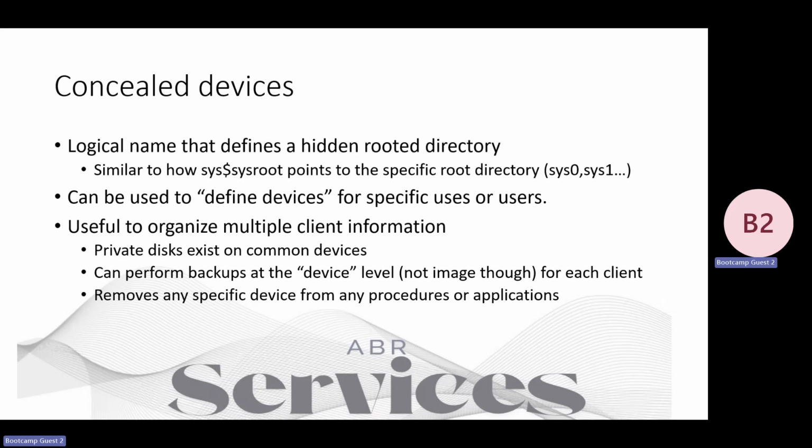Now, we did something we weren't supposed to, which was to put a $ sign in the end of it, because that was supposed to be reserved for Digital, but everybody ignored it, so we did it anyway. So the device or the root device for every client would be their mnemonic with a number, $ sign, and it would start at 0 and proceed down from there.